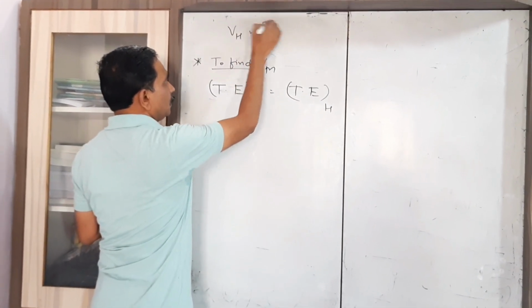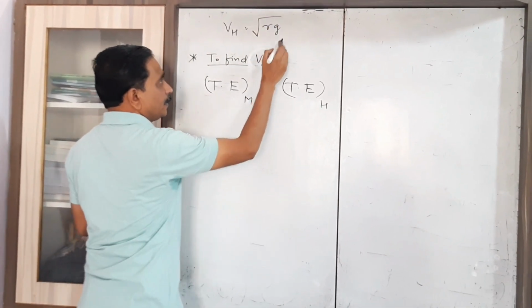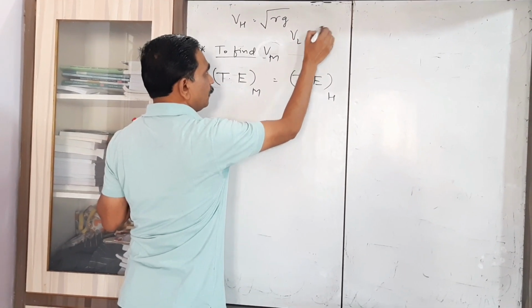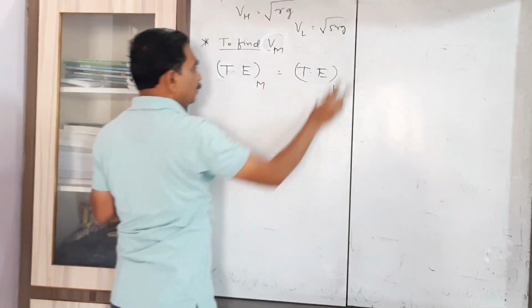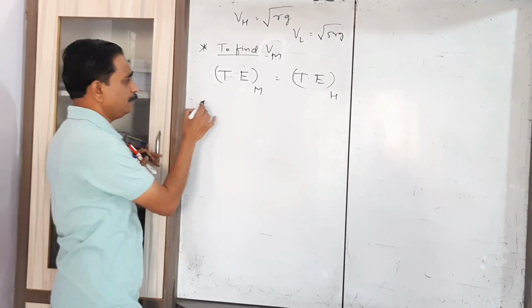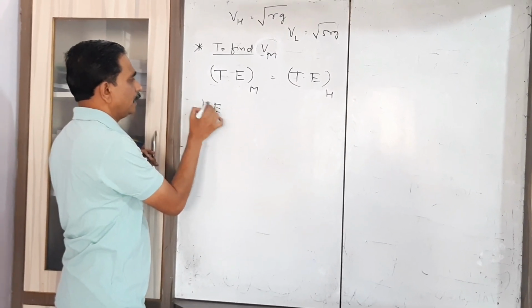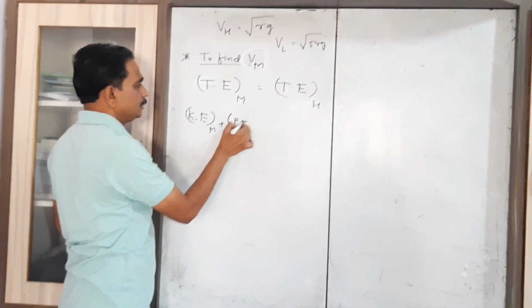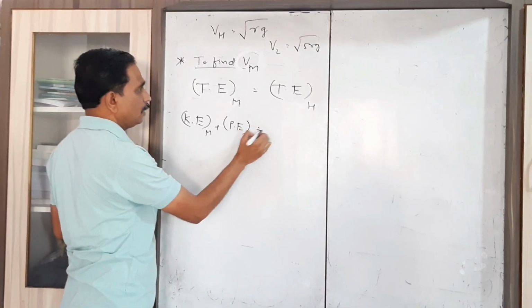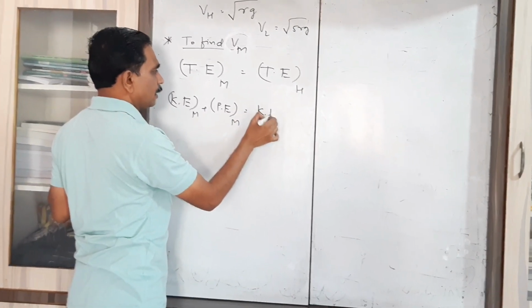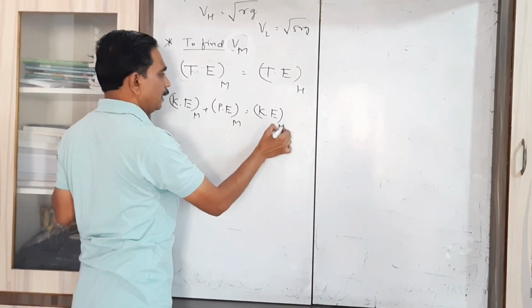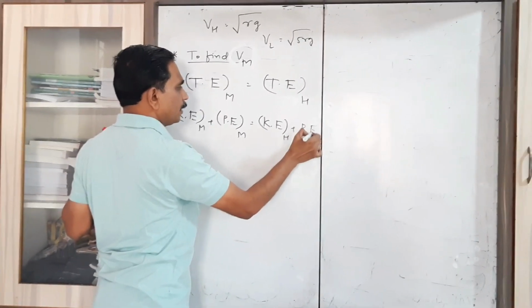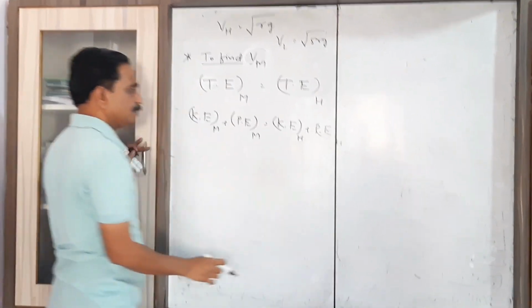Velocity at the highest position is under root of rg, and velocity at the lowest position is under root of 5rg. Now again put the same values: kinetic energy at middle plus potential energy at middle equal to kinetic energy at highest plus potential energy at the highest position.